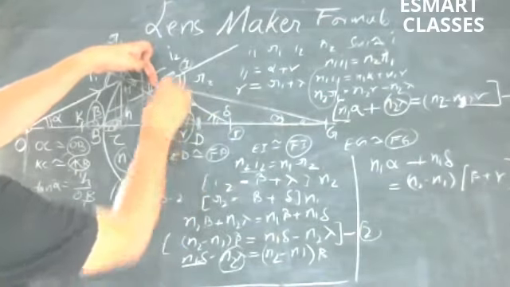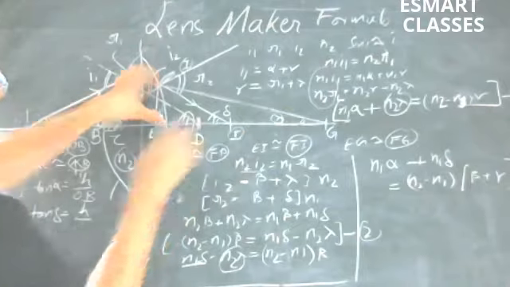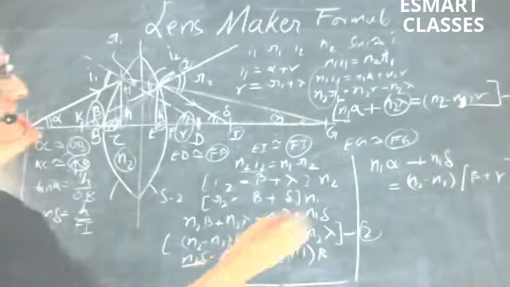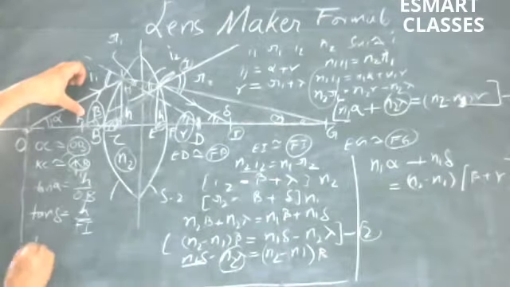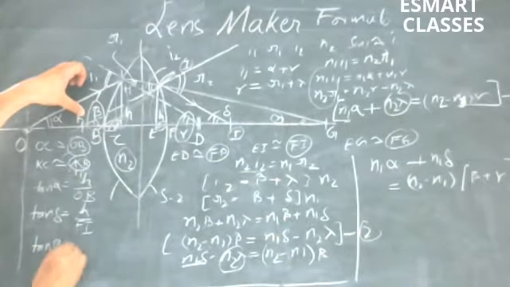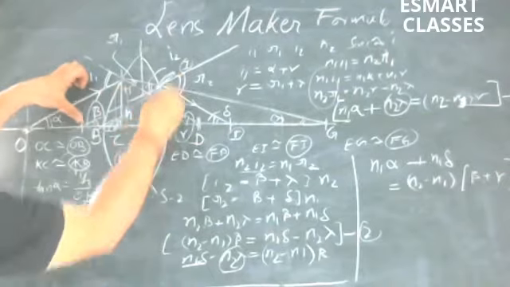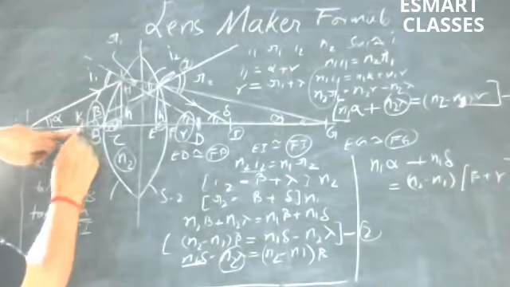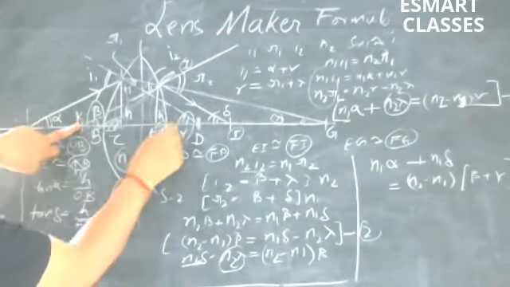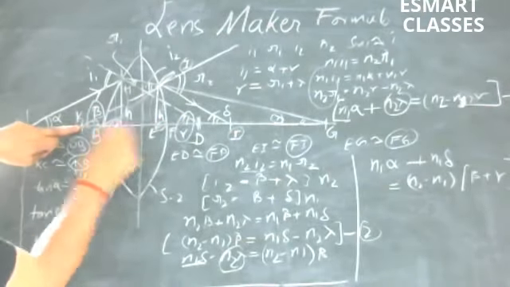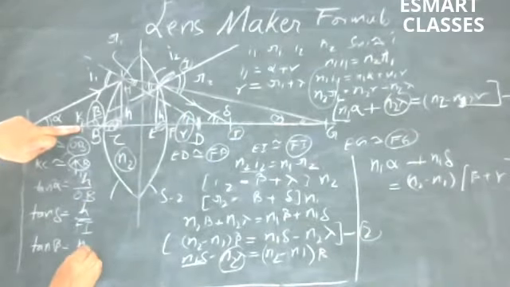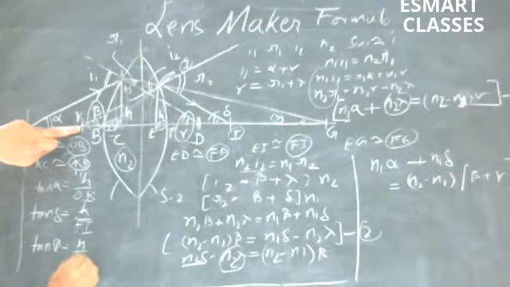Tan delta is H upon FI. What are the other angles? Tan beta. Tan beta is again H upon this KF. Instead of KE, we will take KF, so tan beta is equal to H upon KF.